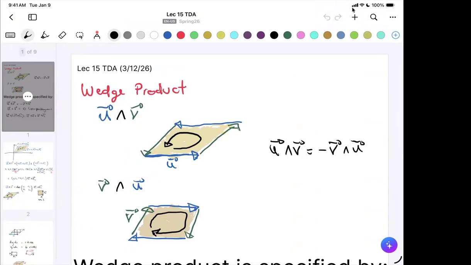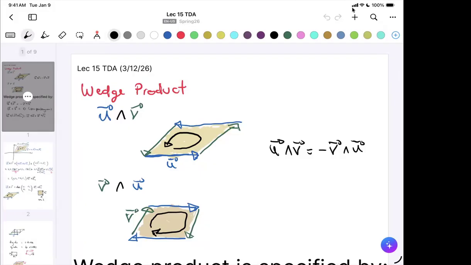When you have two vectors, the cross product was a vector perpendicular to the parallelogram that the two vectors make up. The wedge product takes that out of the picture and just focuses on the parallelogram itself. So, as you can see in this picture, U wedge V is supposed to represent the parallelogram.